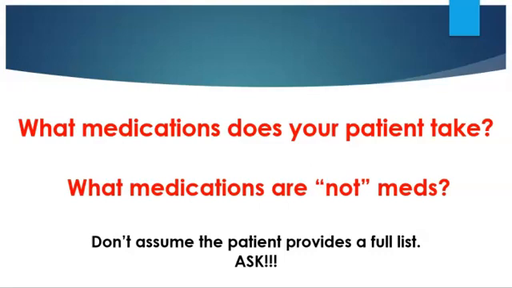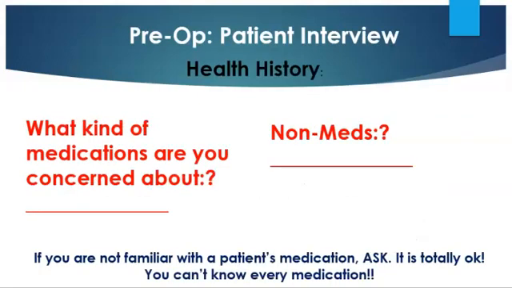And then, of course, we want to know if they're taking any antiplatelet medications, if they've been on any NSAIDs or steroids, antibiotics, those kinds of things. And we've already talked about the INR. So just know that we need to make sure we're getting a full list, okay? If you're not familiar with the patient's medication, make sure that you're asking what the medication is. It's okay to ask that.